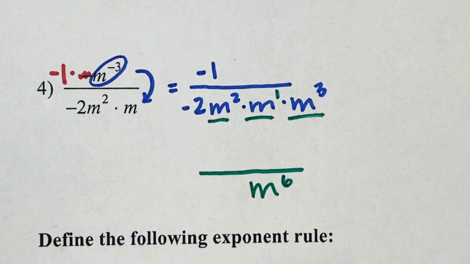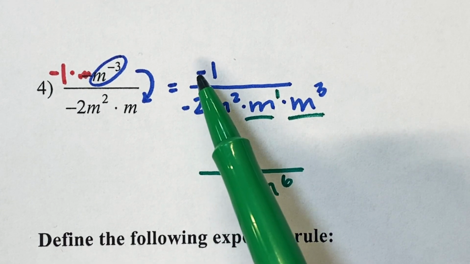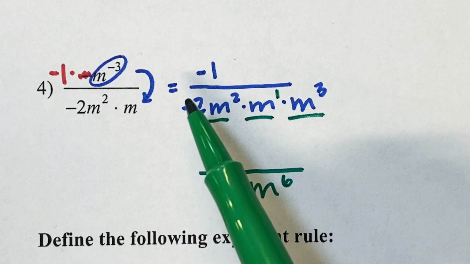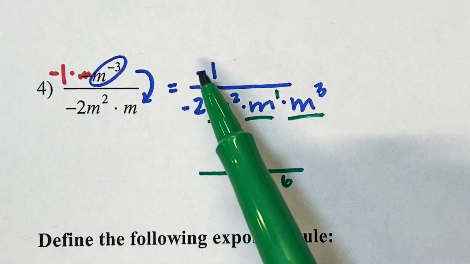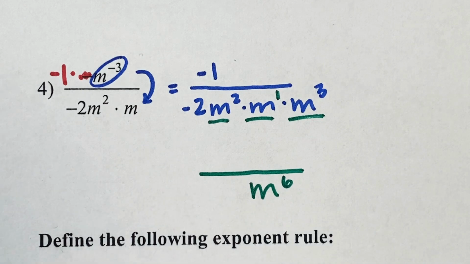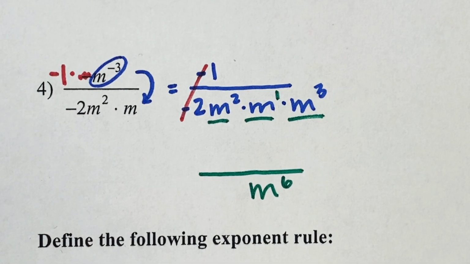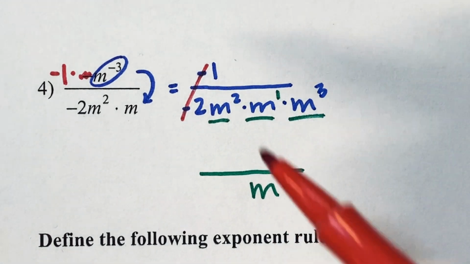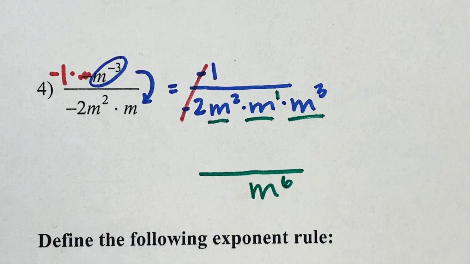The last thing we need to simplify, again, I see something over itself. It's not -1 over -2, but what about these negative signs? Those count, right? Those are the same things over itself. A negative divided by a negative is going to be a positive, so they get rid of that negative.